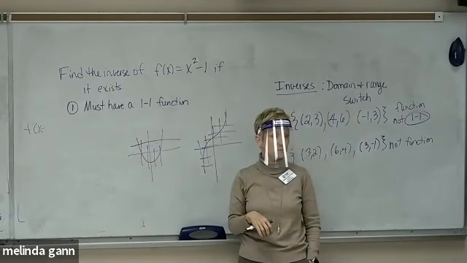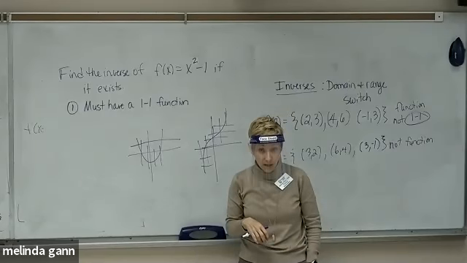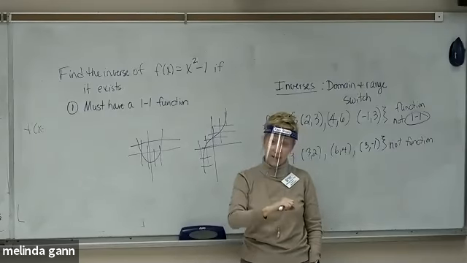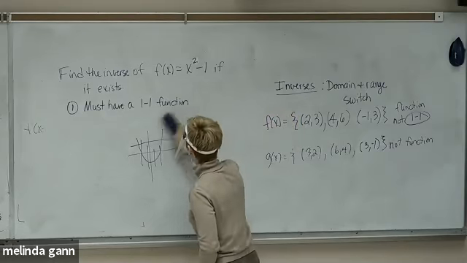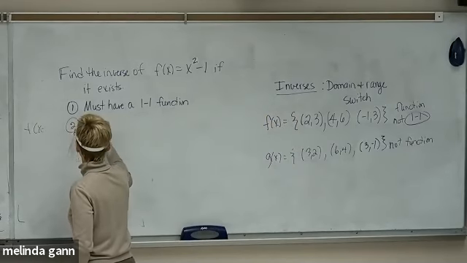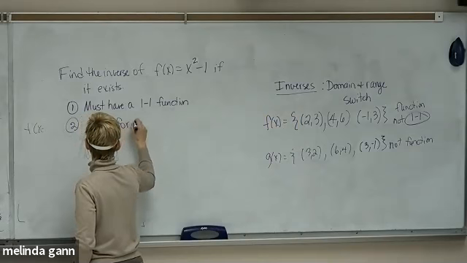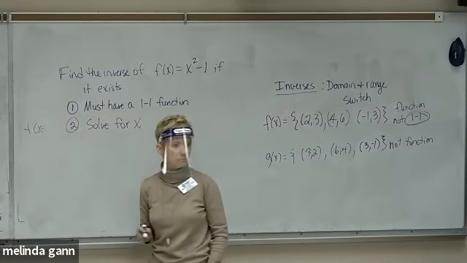End of story. So don't go hunting for treasure if there's not any. If you don't check, I'm going to get you on a test. Everybody with me? So if it's one-to-one, then here's what you do. You solve for x, and then you switch x and y.